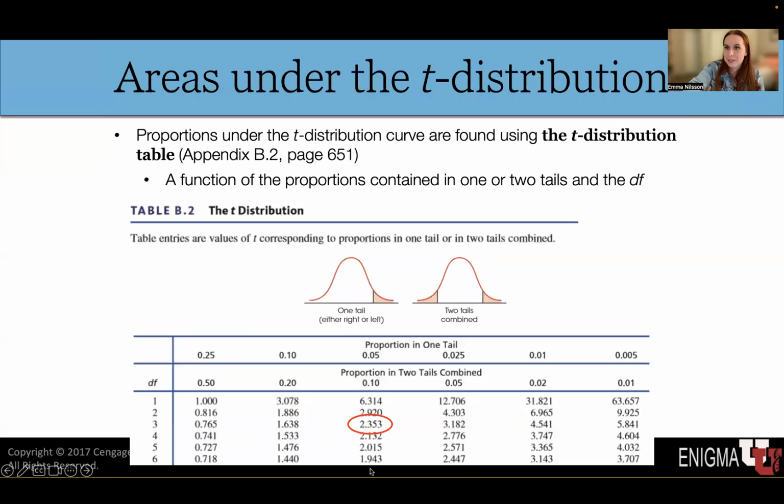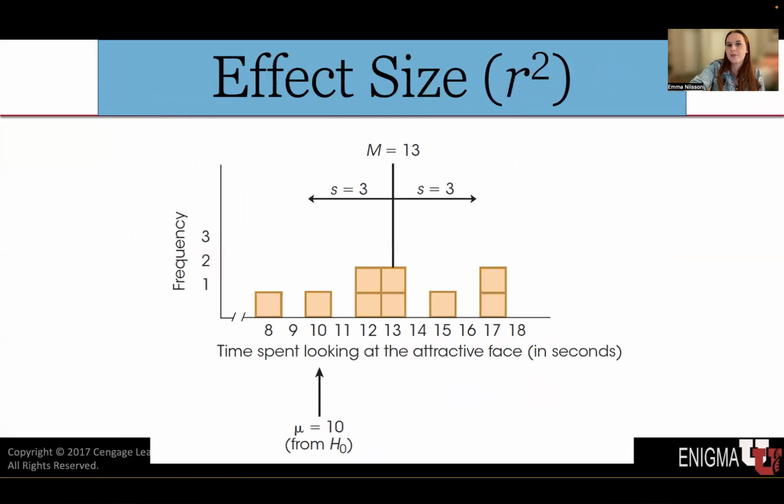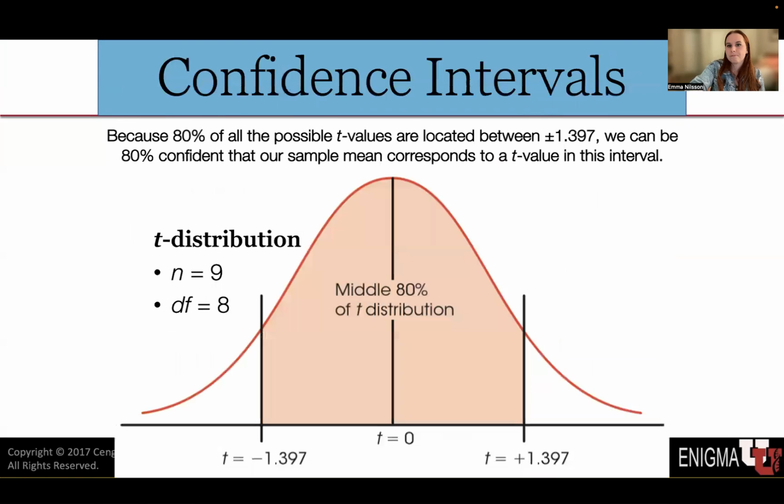We're going to use this same table, but instead of using this proportion part to calculate our alpha, we are going to use it to say, for example, okay, we want 80% of our t distribution to be in the middle, and we want 20% to be on the outside. So that's 10 and 10. We're going to essentially say we want a two-tailed 20% alpha value, even though that's not what this is. And we're going to use that to find our t critical values here.